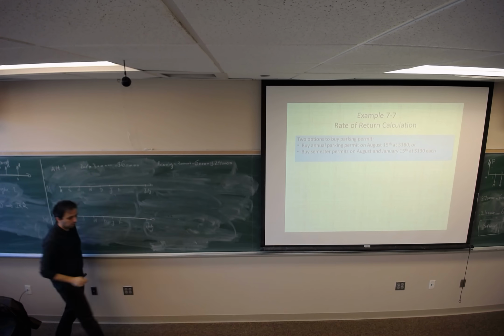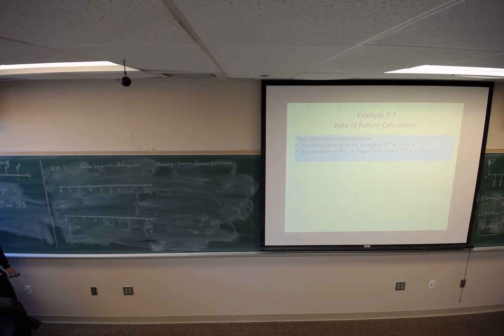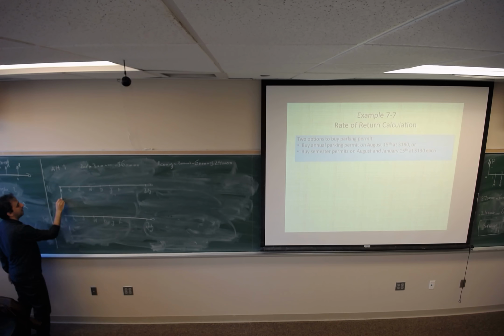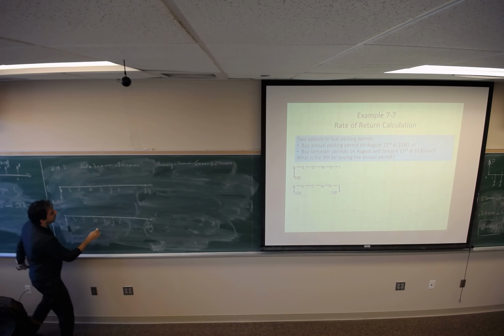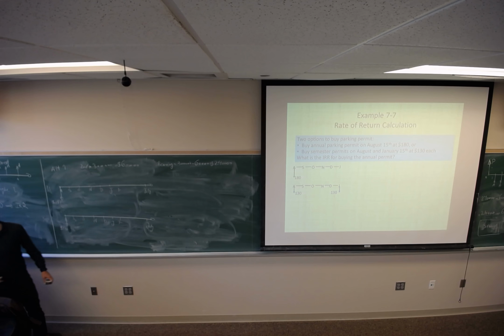So the first one you pay the annual permit in August by paying $180. Second one, you pay for 6 months by semester. So you pay $130 in August and another $130 in January at the beginning of spring.